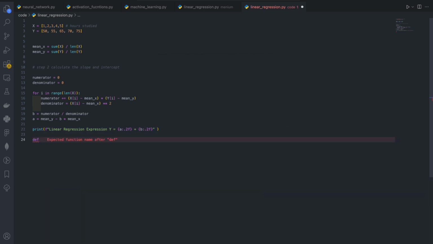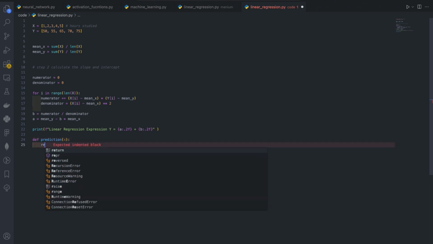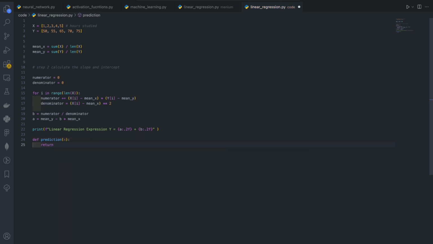Now let's build a prediction function, and we will pass the x column, and then return a plus b into x. Small x.